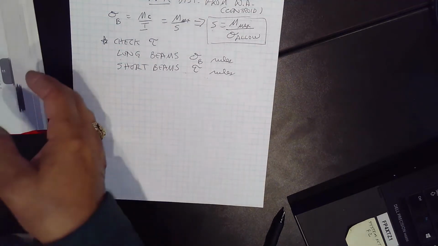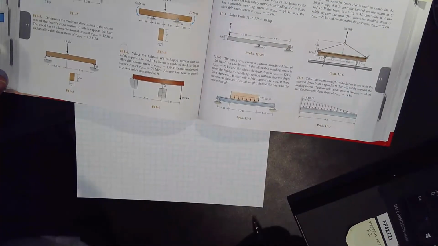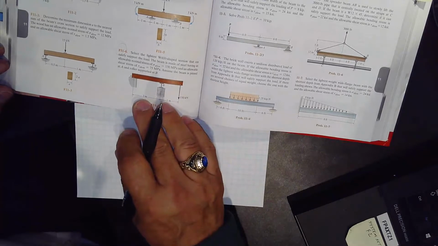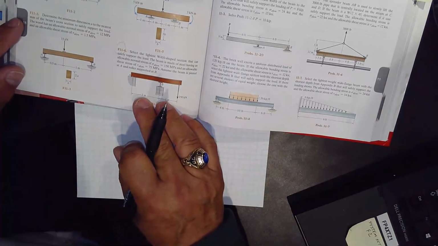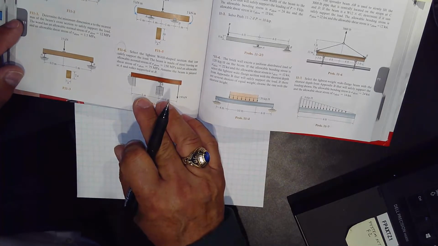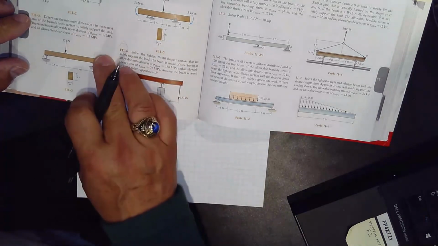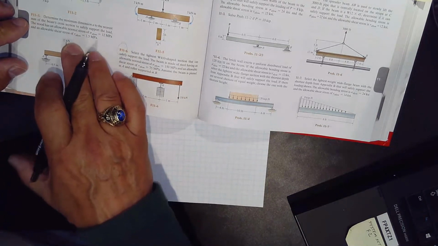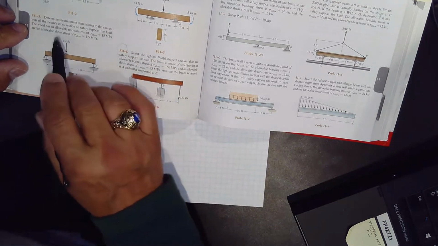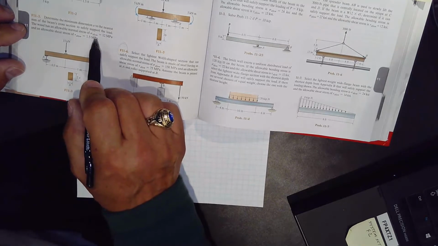Here we go. So we're going to look at this little fundamental problem. I think we'll do F11-3. This is: determine the minimum dimension A to the nearest millimeter of a beam cross-section to safely support the load. In this case, we're given wood.